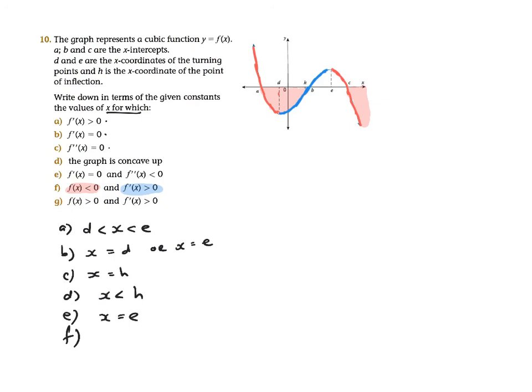In other words, where's the blue part of the graph under the x-axis? Of course, that would be here, that part there. All those x values are below the x-axis, so f of x is less than 0, and it has a positive slope. It goes uphill. So let's check what happens here.